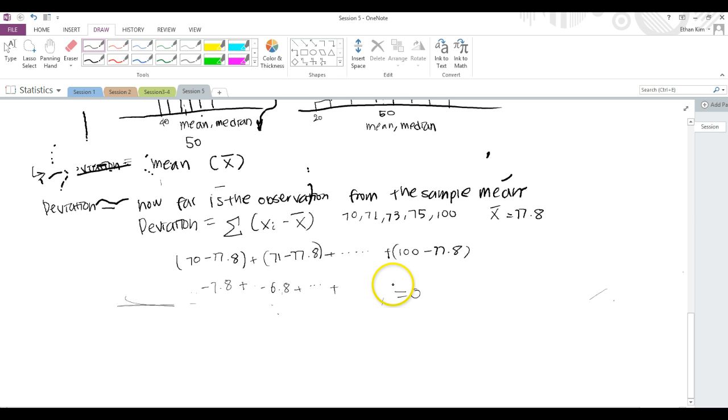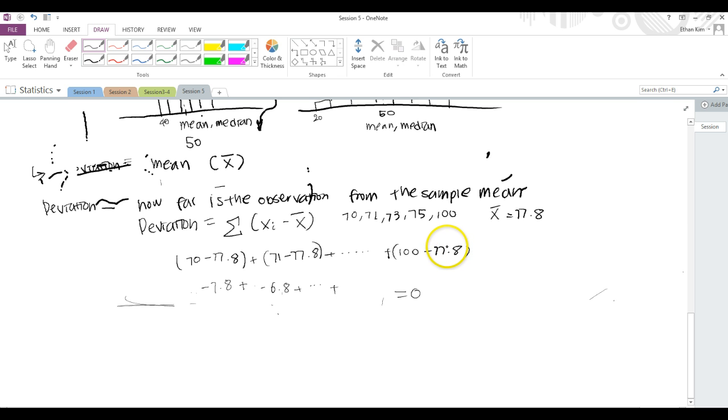So this does not really answer our question. Our question was how far the observation is from the center, and if you add these up, you get 0 in any case, and it doesn't make sense. This is why we use something called variation.